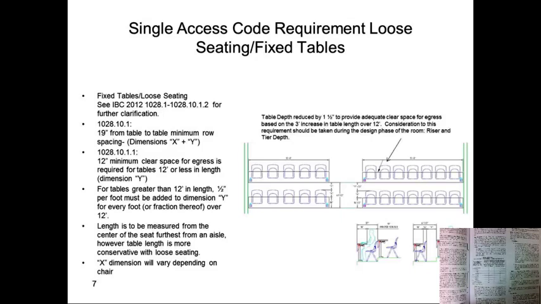You've got to understand what X is and Y. X, of course, is what you're allowing here for the person to sit in the chair, and Y is what we've got to figure. So you can look and see how it is from table to table, length to measurement. X dimension will vary depending on the chair, okay? Because the chair, of course, ends up having maybe bigger arms, other items. So you need to look at that to be able to understand it.